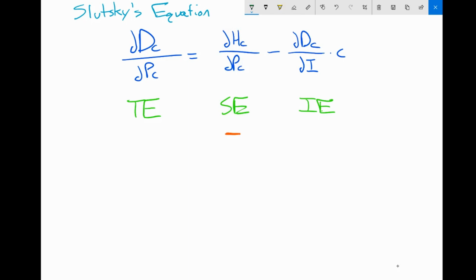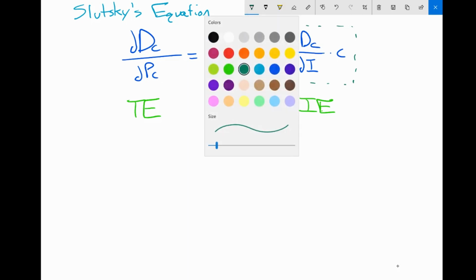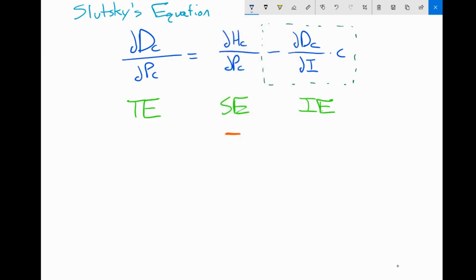That's always negative. This term here is our income effect. This is where it gets interesting. Now you can see this elasticity embedded in the math. Remember, income elasticity of demand is equal to the derivative of demand with respect to income times income divided by demand.